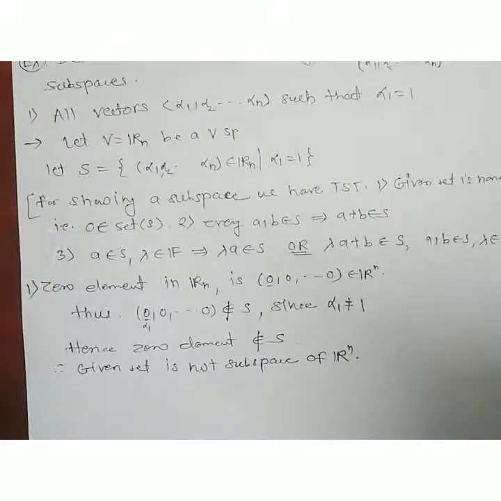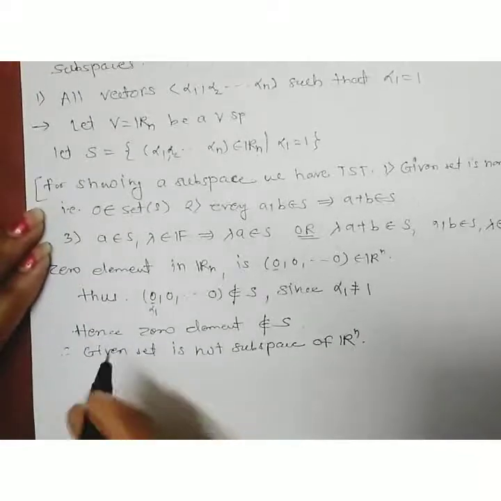Since the first condition is not satisfied, we do not have to go through the second and third conditions. Therefore, the given set cannot form a subspace of Rn.